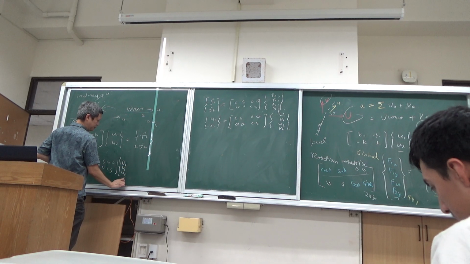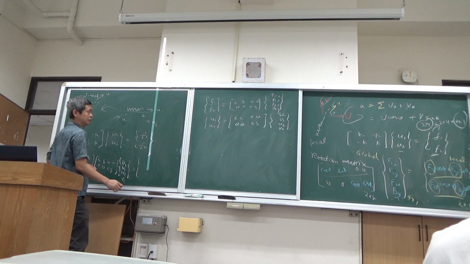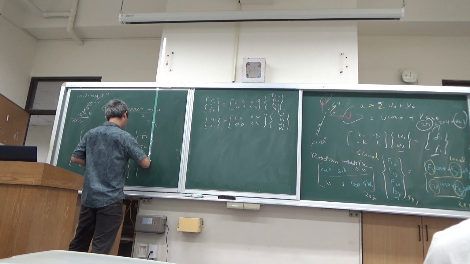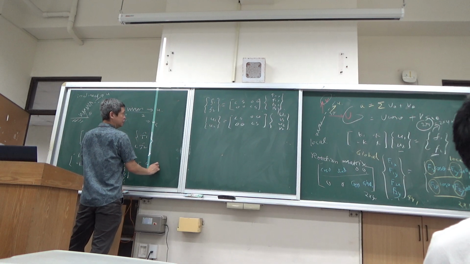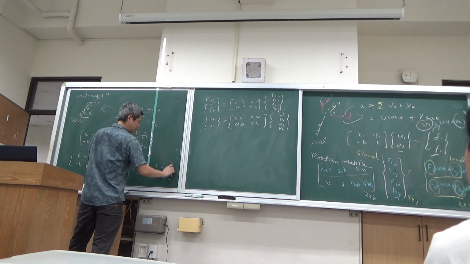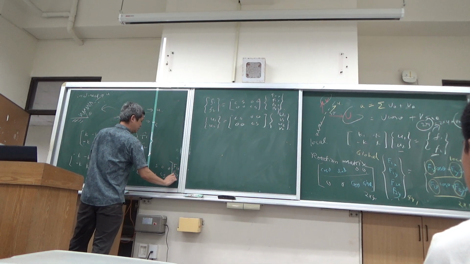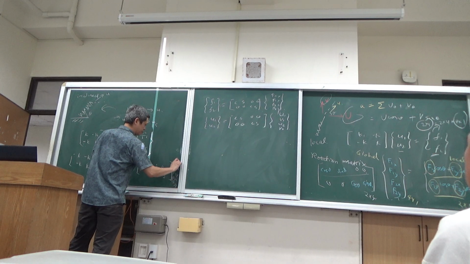All these are the global ones. This equals my [C S 0 0; 0 0 C S] times F1X, F1Y, F2X, F2Y.